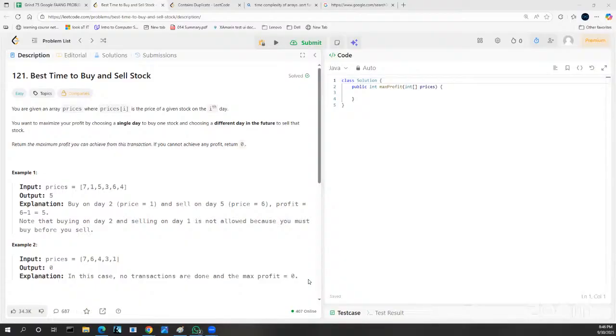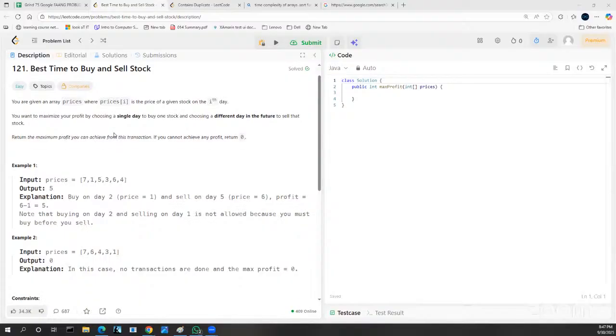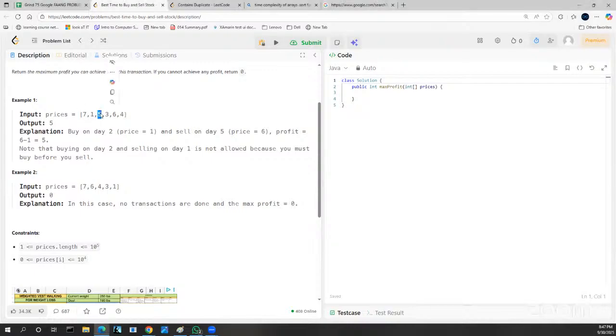Suppose you bought the stock there and the price goes up after that, so it is assumed that you must sell to gain the profit. The next day, the third day, the price goes up to 5, and the guy has sold that stock. So obviously there's a profit, which is 5 minus 1, which is 4.